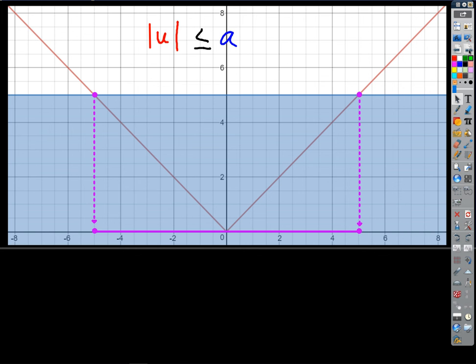If I want y values that are less than or equal to the line y equals a, and here's the boundary line, y equals a, then wouldn't that be the entire part of the xy plane below that line?